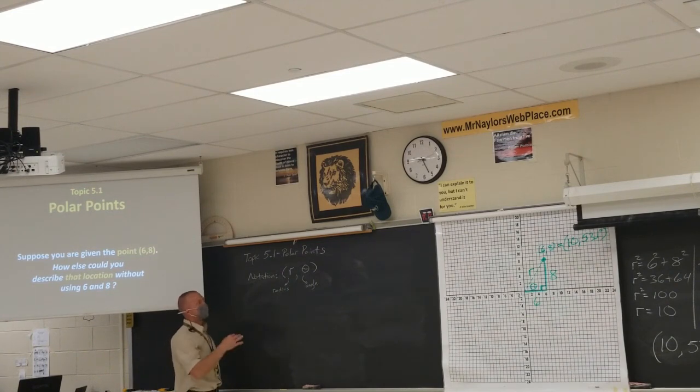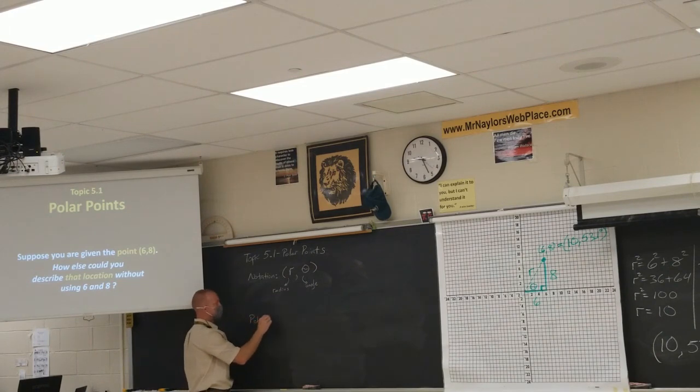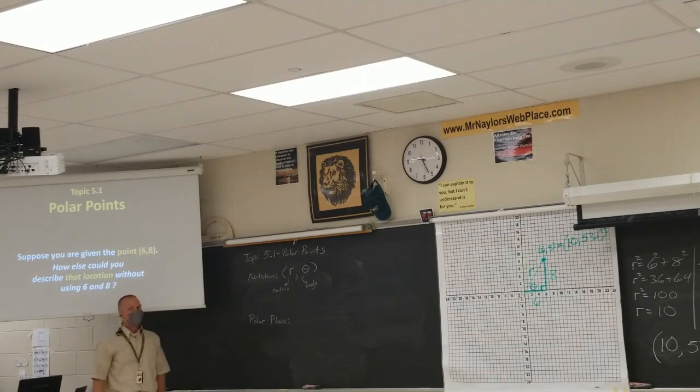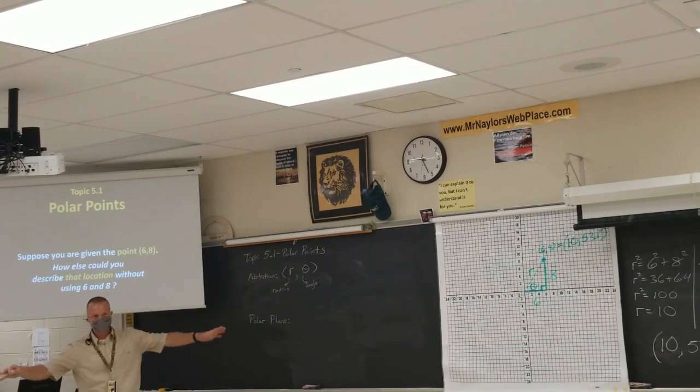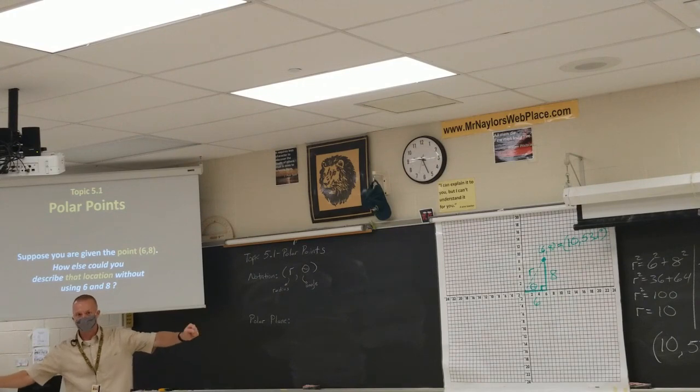You also will kind of have to reprogram your brain, at least for a few weeks, on how to think about graphing these points. And the place that we're going to graph them is on what's known as the polar plane. Now, the polar plane, we're not talking about that kind of plane.